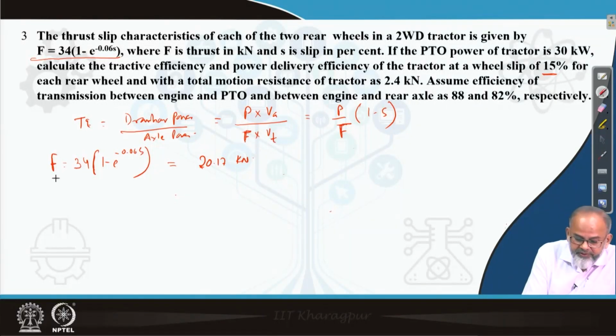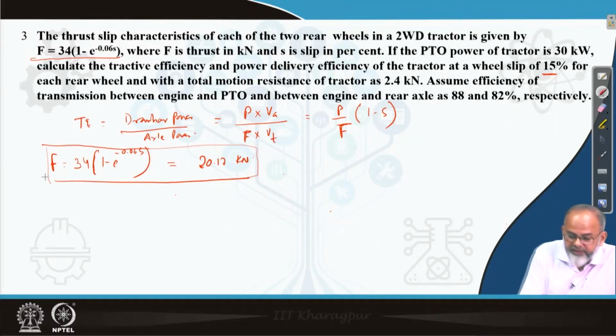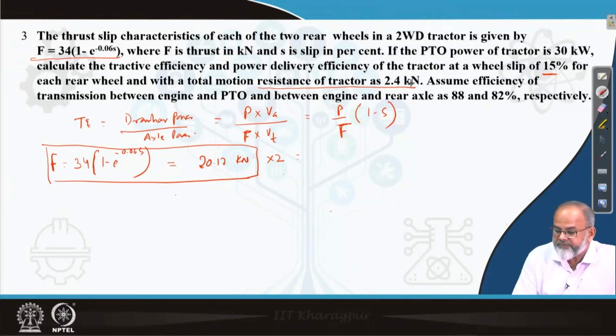This is for one wheel. Now there are two wheels in the rear axle, so you have to multiply with 2 to find out the total thrust. Now total rolling resistance is given as 2.4 kilonewton.